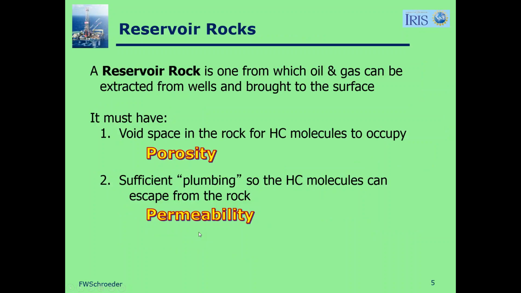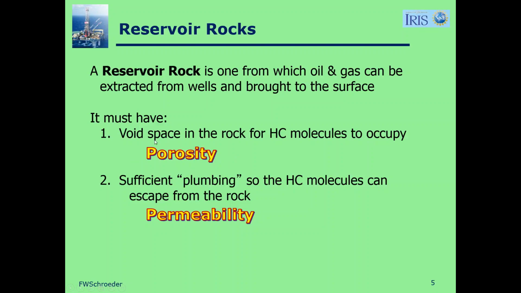It is one from which oil and gas can be extracted using wells, and we can bring those hydrocarbon fluids or gas up to the surface. At least in conventional field, what we are looking for are rocks that have 2 primary properties.